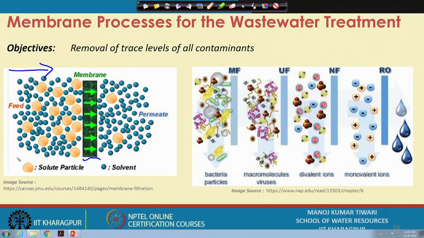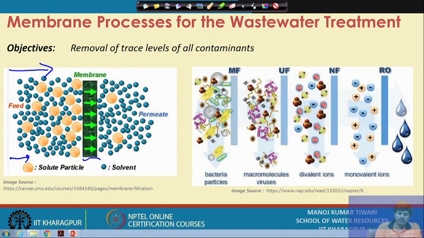So, we have a feed water coming in, as we said, which has various fine contaminants in it. These processes usually operate under pressure. A pressure is applied, the water passes through the membrane, and the majority of the contaminants are retained. What retains what, we will discuss.